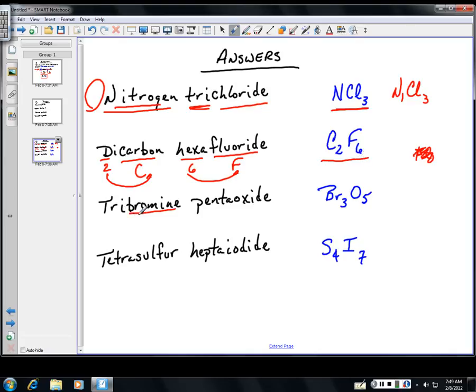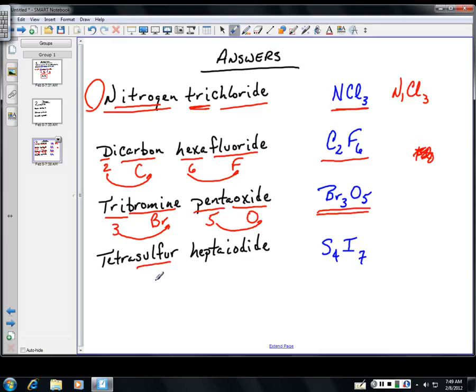Tribromine pentaoxide. Now remember, the first element always takes its real name, no change in endings or anything like that. So we wrote Br. Tri, Greek for 3, so that's going to be the subscript on bromine. Oxide, our anion sheet tells us that's O. And penta is Greek for 5, so that's our subscript on the O. Br3O5. And then tetrasulfur heptaiodide.